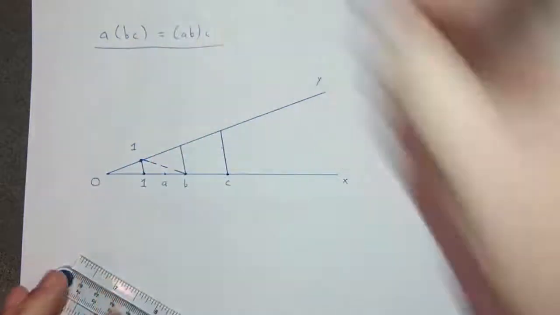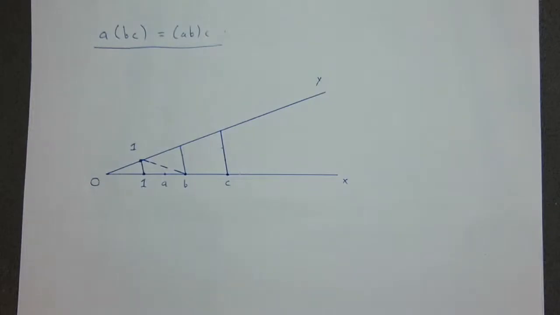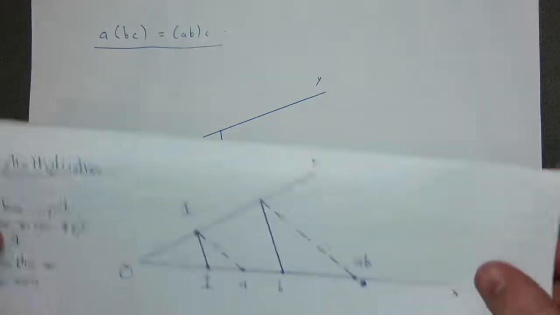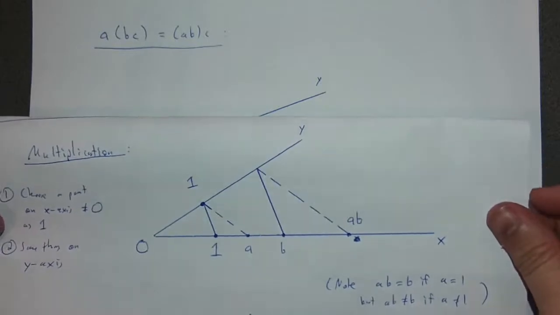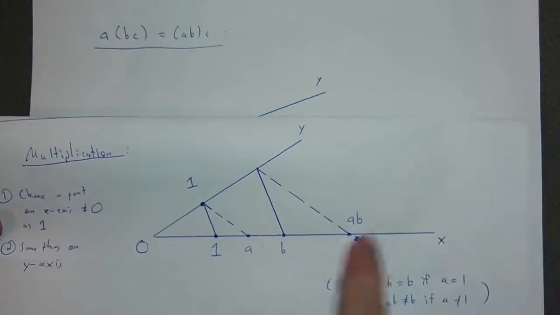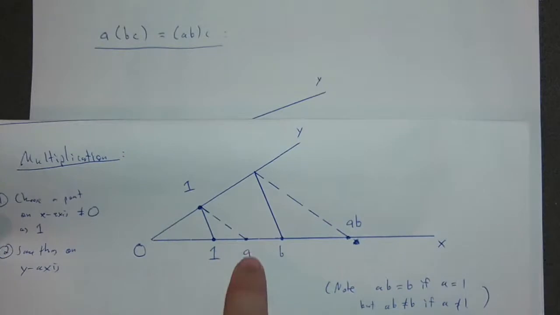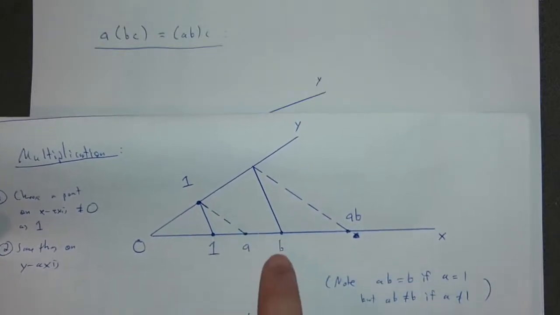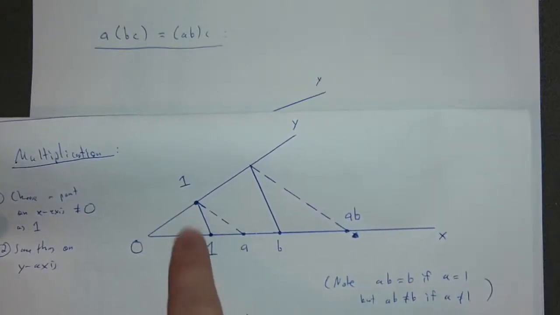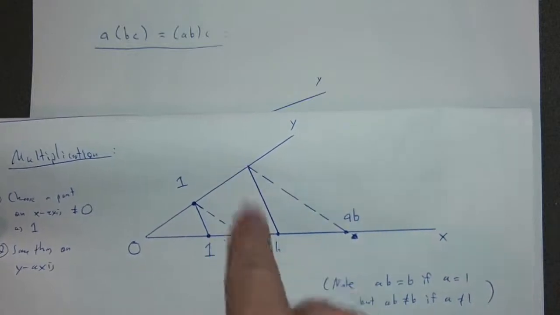if you're confused about what I'm doing here, just remember real quick how we construct multiplication. So I have the original one here, right? So if we're doing A times B, we draw a dashed line from A to the 1, then a solid correspondence line, parallel to the correspondence line for the 1s, from B to the y-axis.